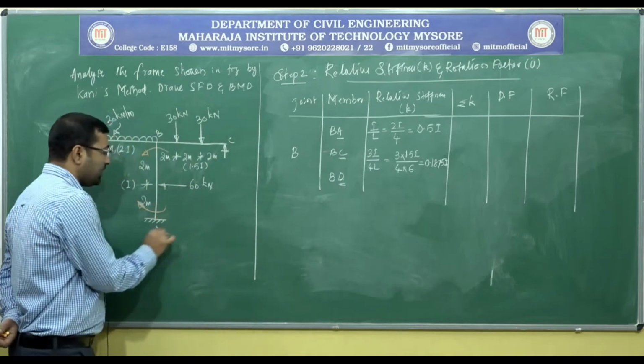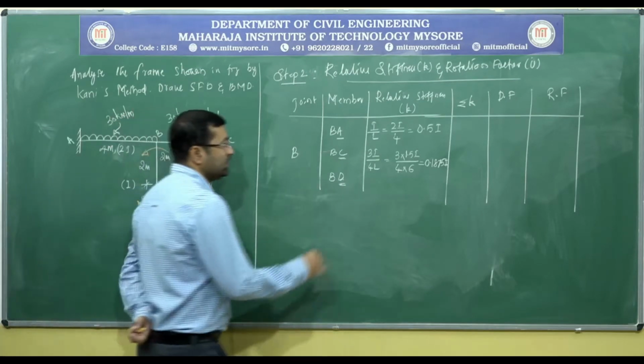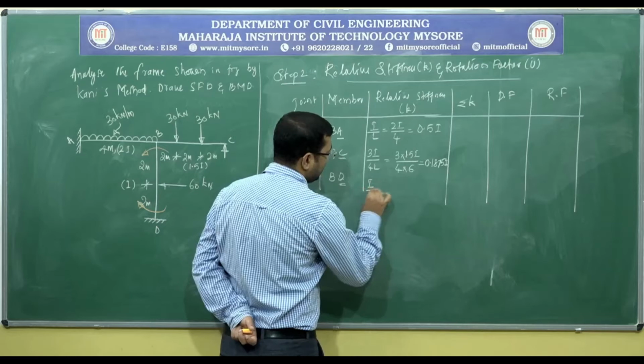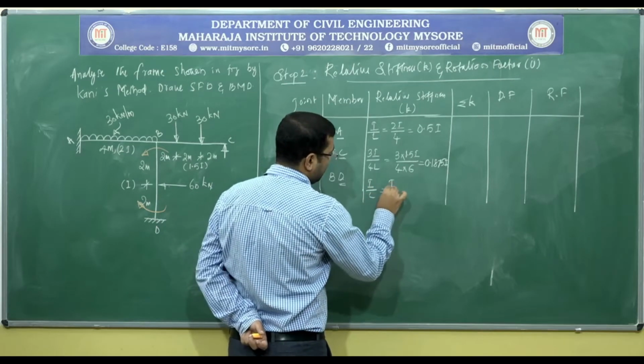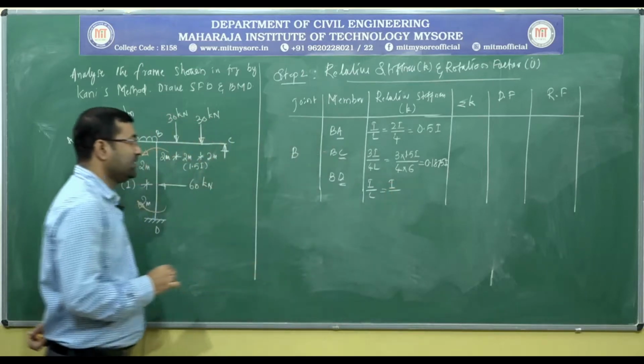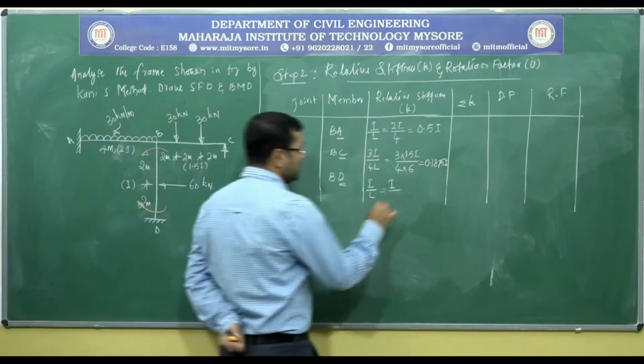And for the last span, that is for BD, D is the far end. So here the far end is fixed in nature. So again it is I by L. So I by L means the I value for the BD member is I, L is 4 meter.